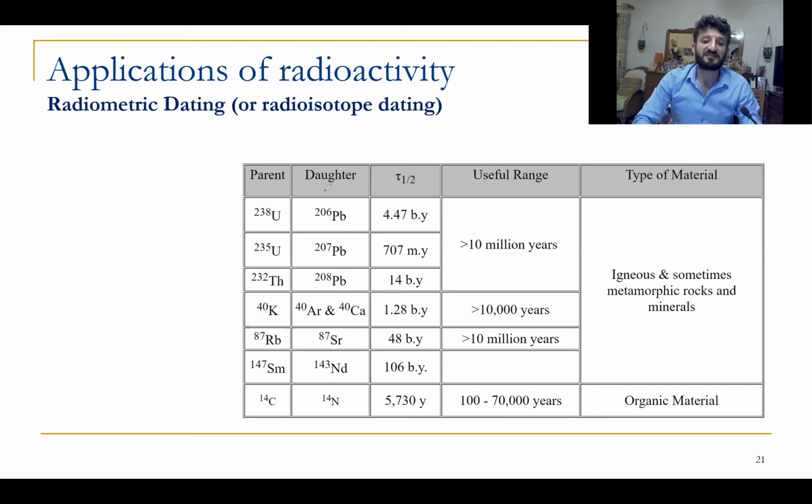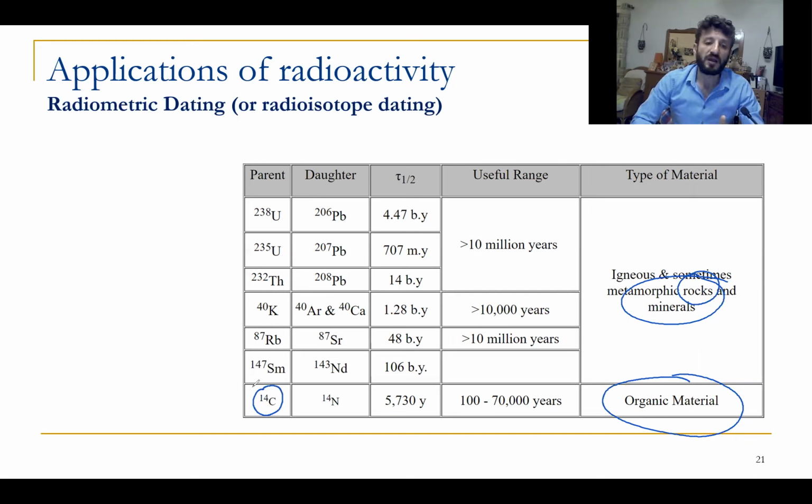As I said before, C14 is used only in the case of organic matter. But in the case of rocks, minerals and any geological matter, we have to use uranium, potassium, rubidium, and so on.